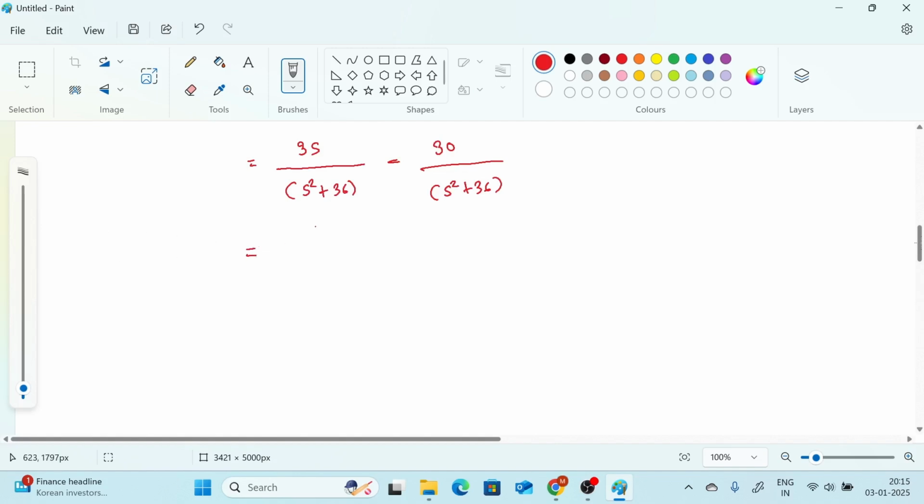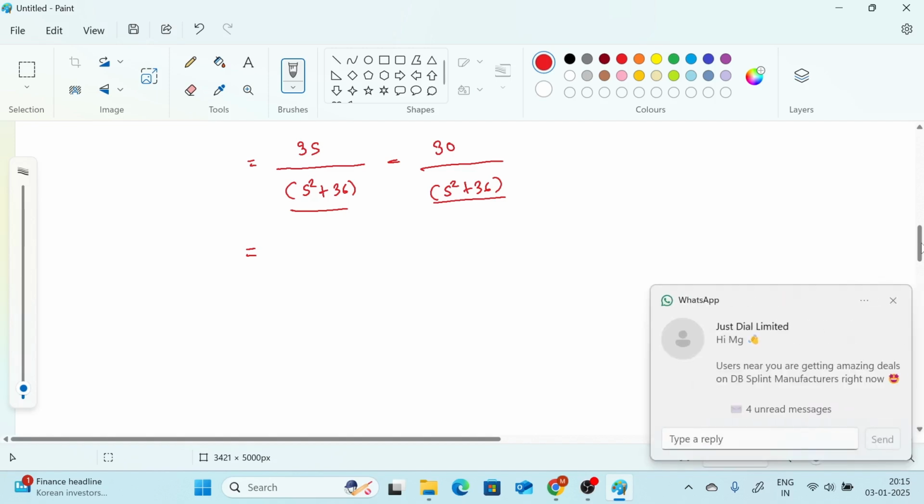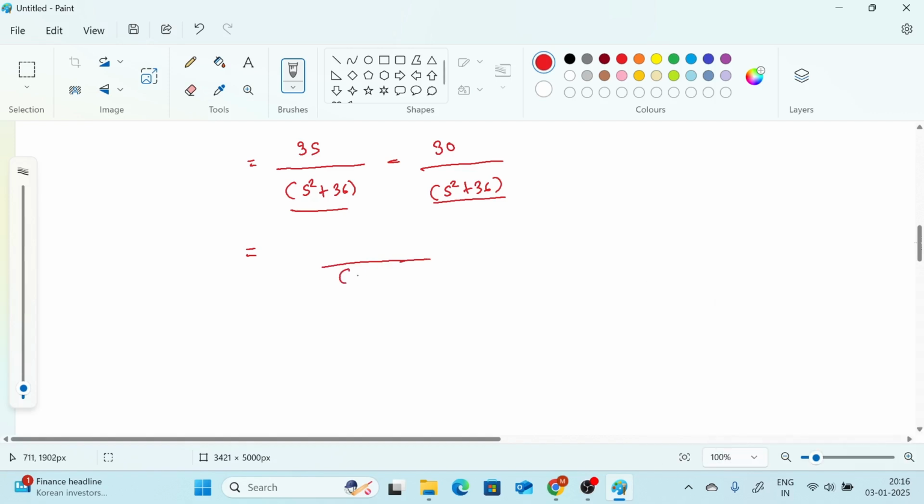So here what do we have? The base is common, meaning s square plus 36 in both. So we can take the base common, s square plus 36, and make the subtraction, right? 3s minus 30.